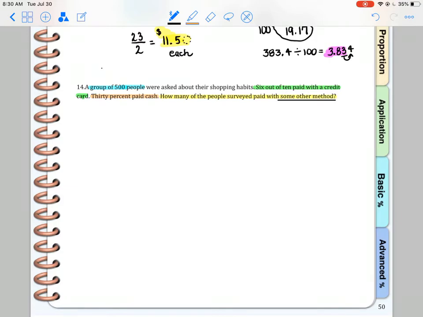pay. And the first one mentioned was credit card. And I'm just going to say credit. Then cash. And other. And when I build one of these tables, I always want to leave a space for total.